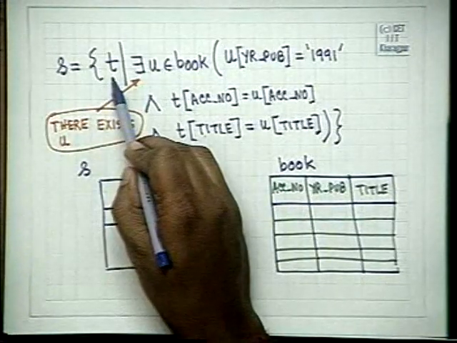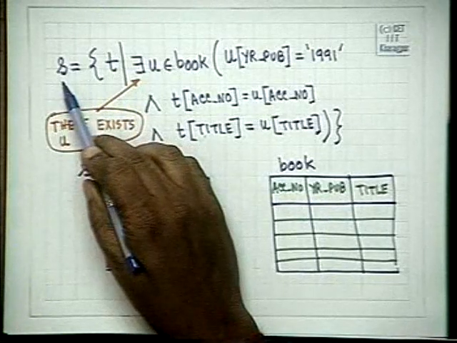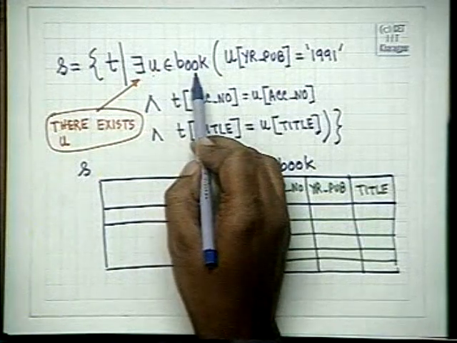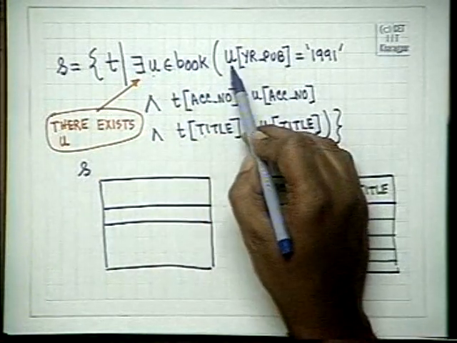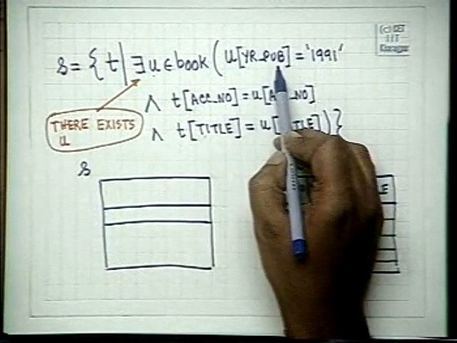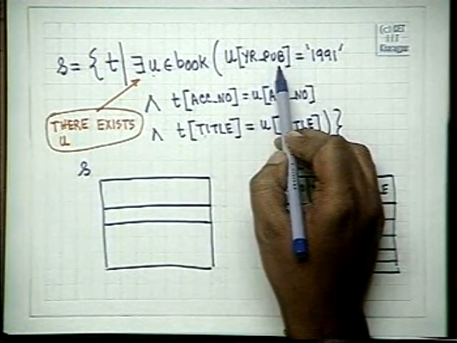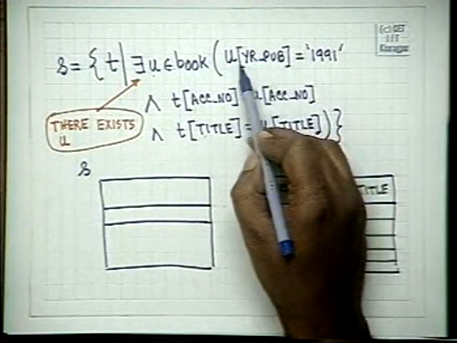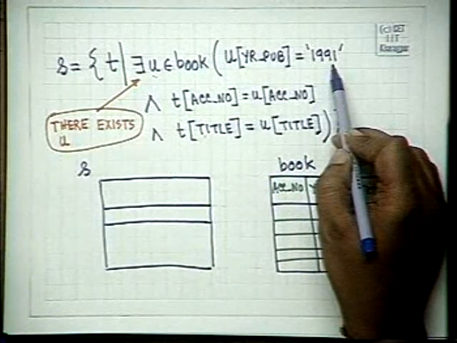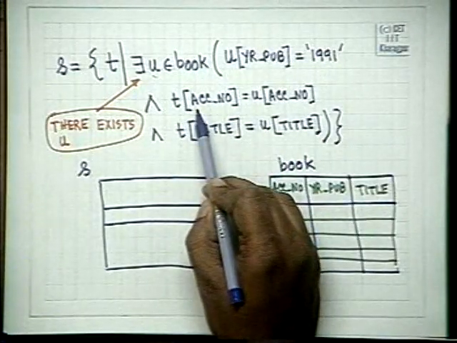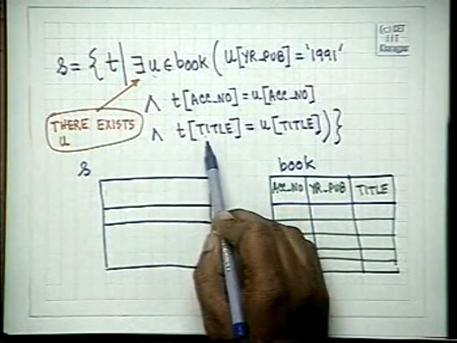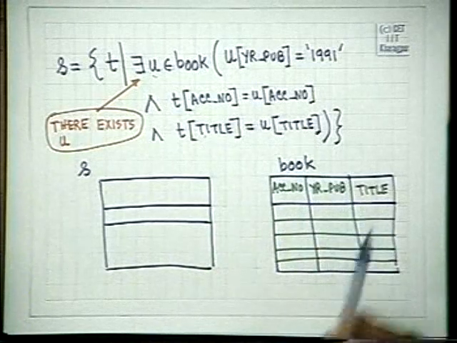For every tuple T in S, there exists some tuple U in book such that U year of publication, this way we specify the attribute, the value of the attribute of a particular tuple. The year of publication of that U must be 1991, and the accession number in T will be same as accession number of U, and the title of T will be same as title of U.